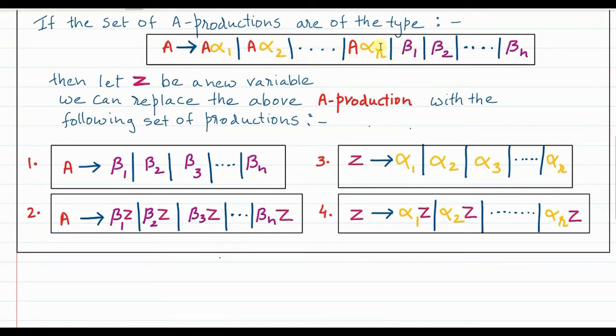Suppose you have this production, X gives X into R, or X divided by Z, this is one term, or say AP or AZ and so on.